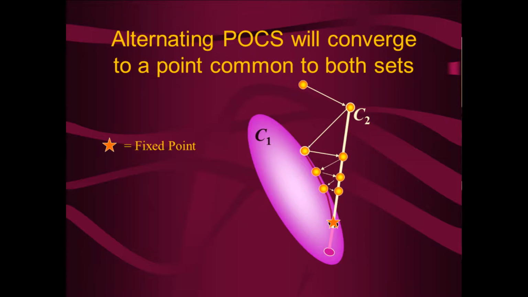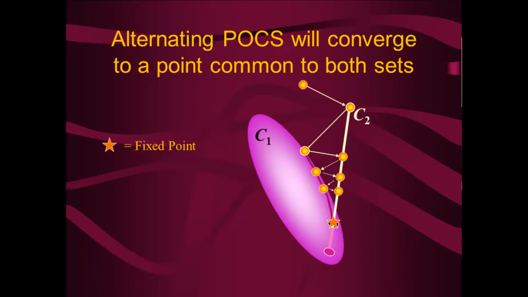That is really cool. So if you look here, we start at the top, we project onto C2, then we project onto C1, C2, C1, C2, and you can see that eventually we're going to work our way down to the star.